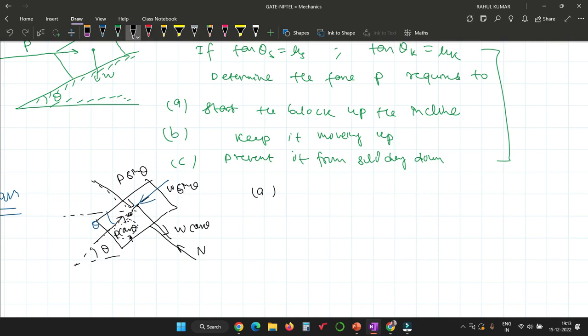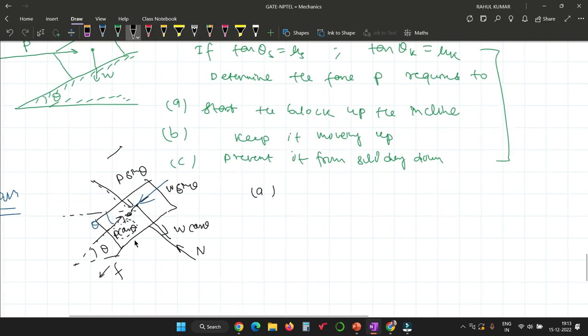If P cos theta is greater than W sin theta, then the block will start to move up, and then friction will act down.